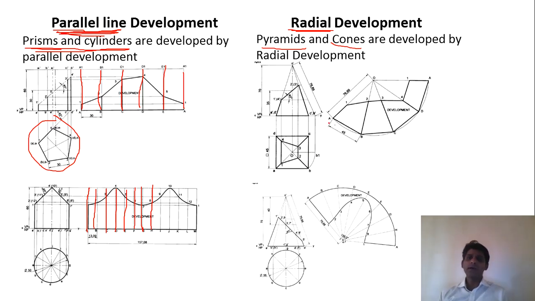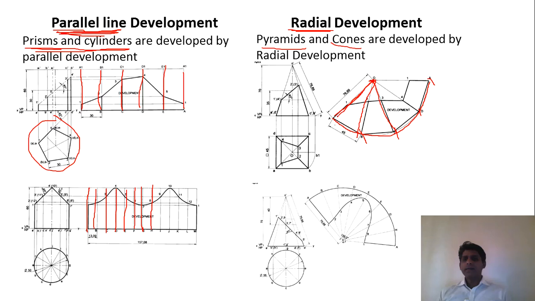As shown here, there is this one point O, and all of these lines are drawn from that particular point. From this point I can draw one circle, and on this circle I will mark all the important points.